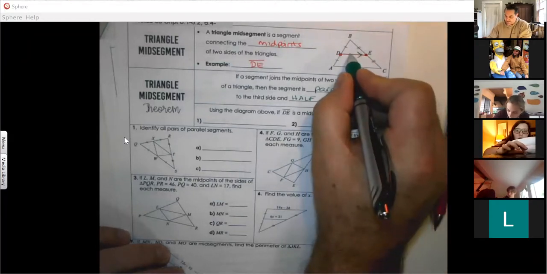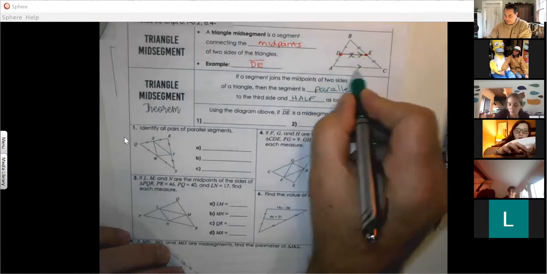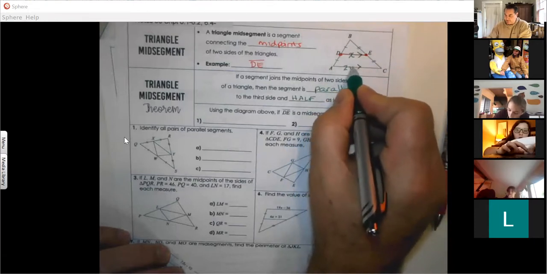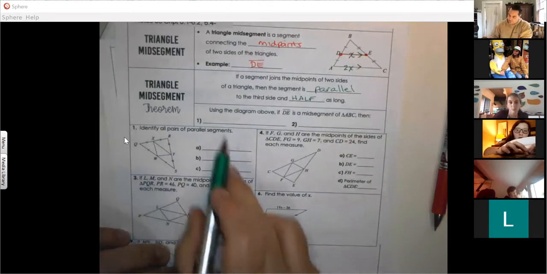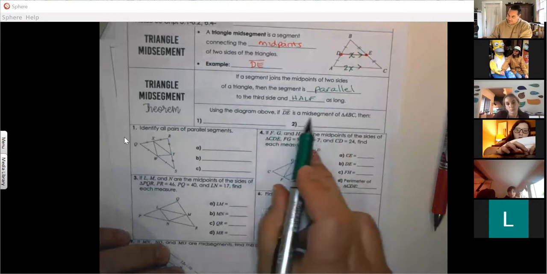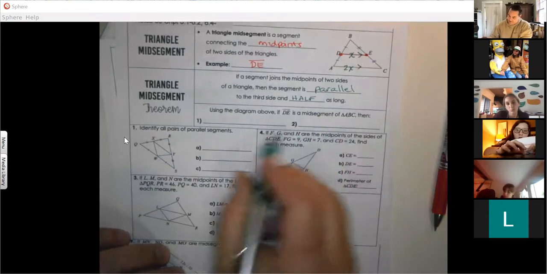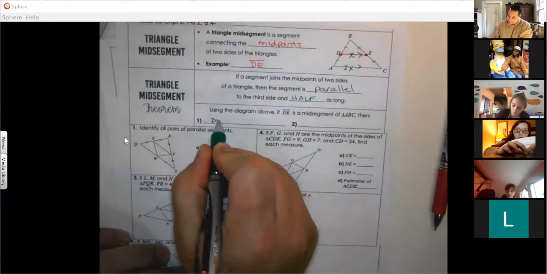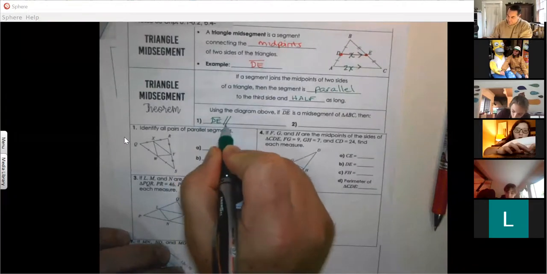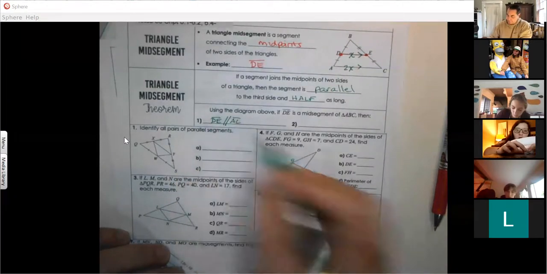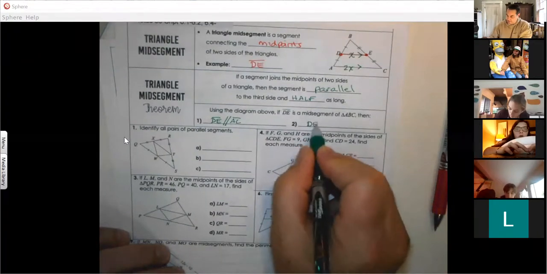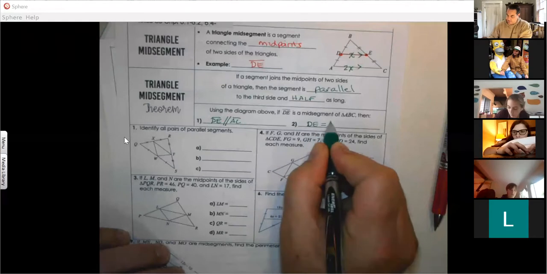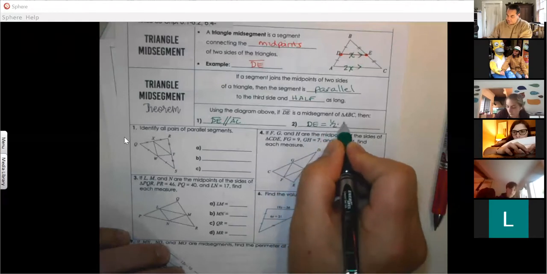And if this length is x, this length AC will be exactly twice as long, 2x. So using the diagram above, if DE is a mid-segment of triangle ABC, then we can say that DE is parallel to AC. And we can say that DE as a length, I'm not using the segment on top now, is 1/2 the length of AC.